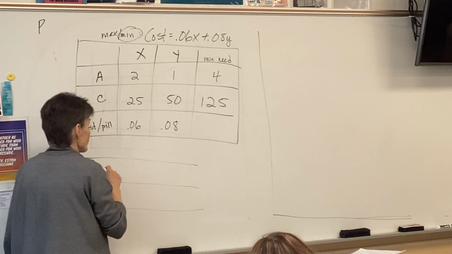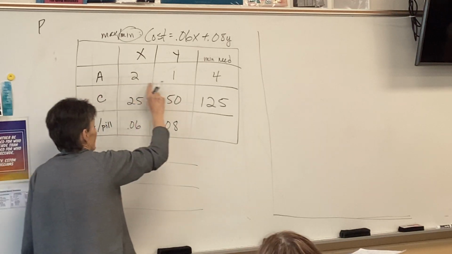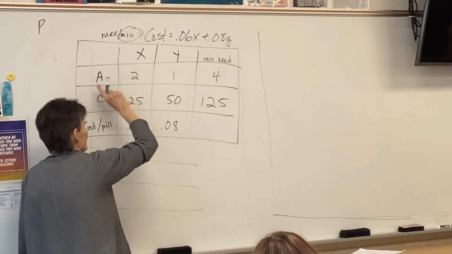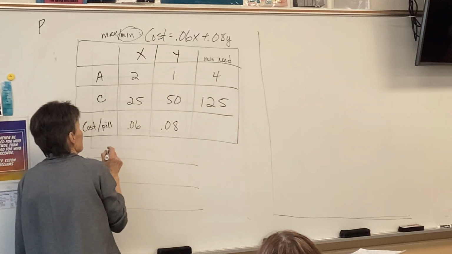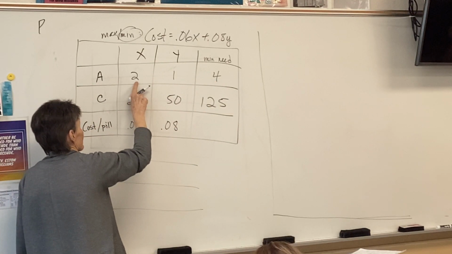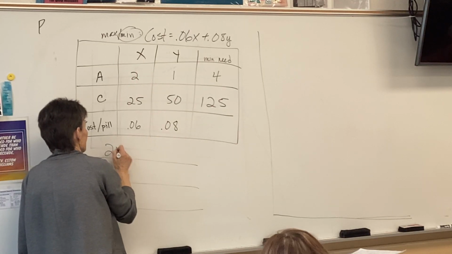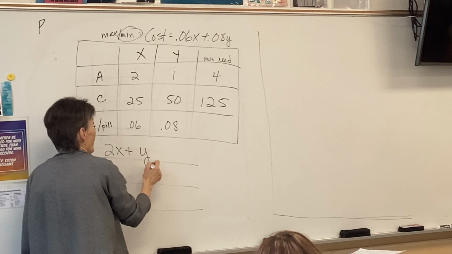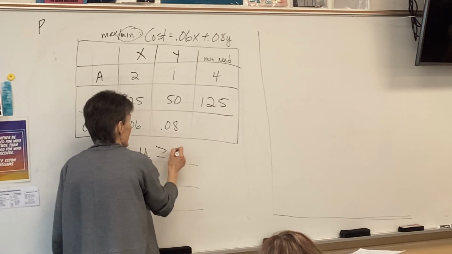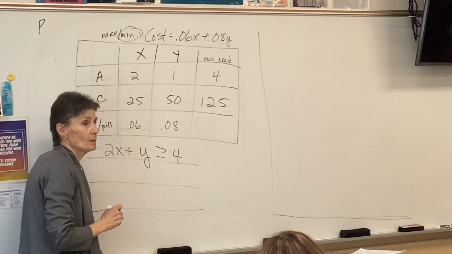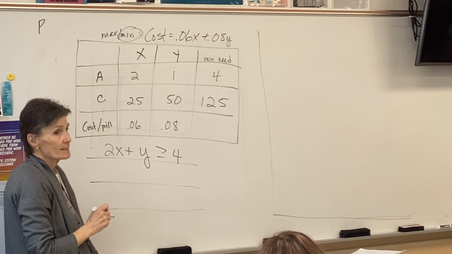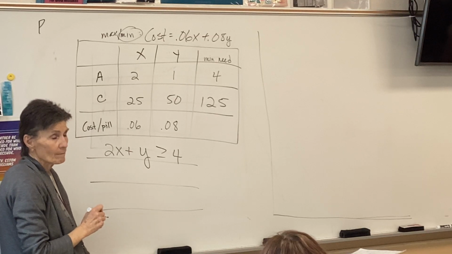All right, what are my constraints? Your rows are your constraints. So what does this say? 2x plus 1y greater than or equal to 4. Doesn't he need at least 4? Yes.